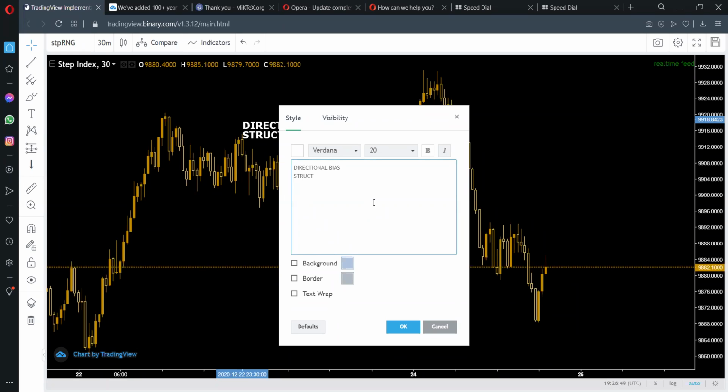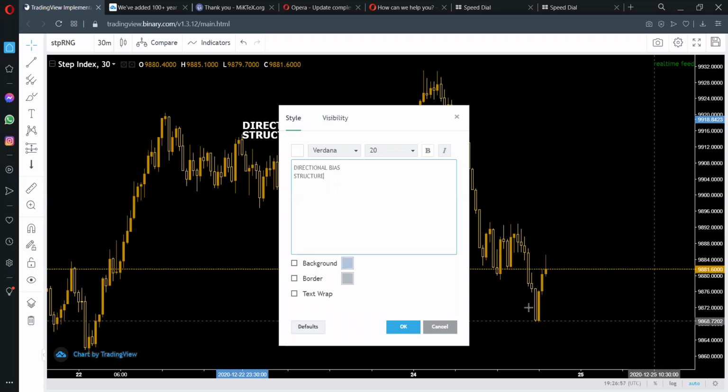market structure. It can be structure or nature. Then your entry rule.